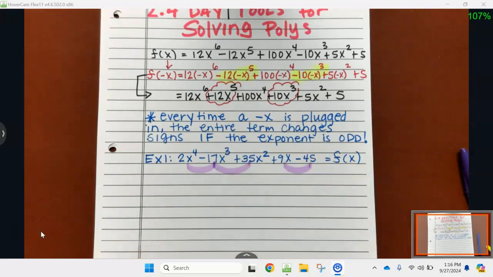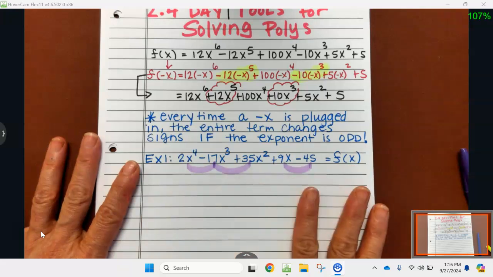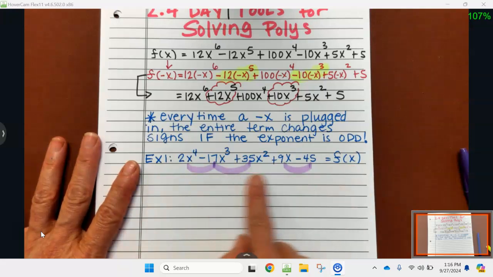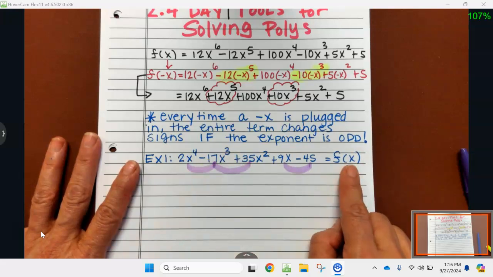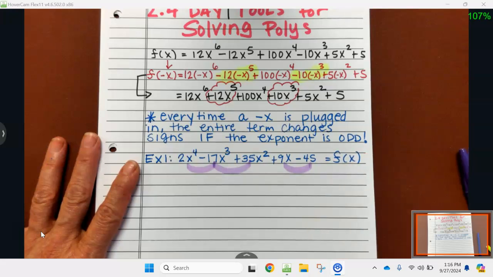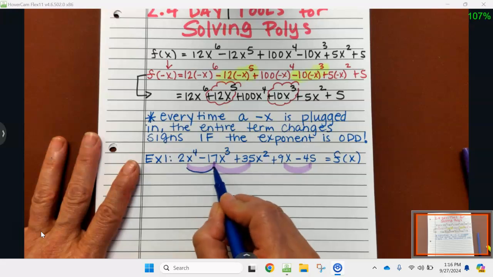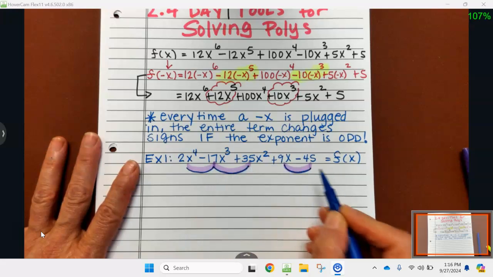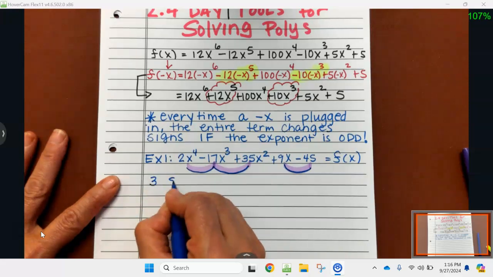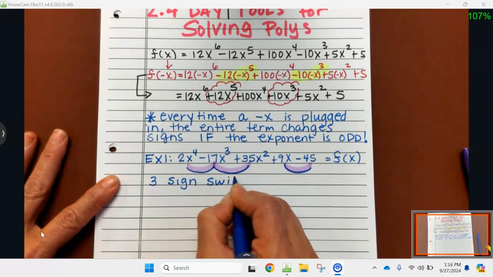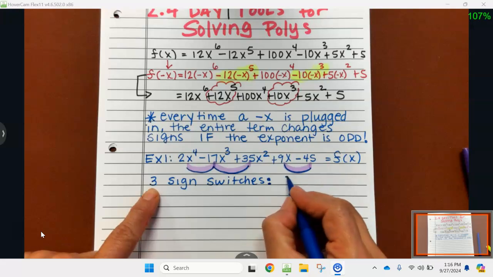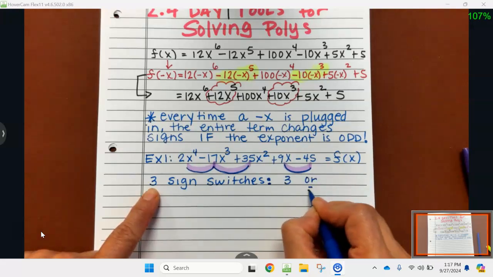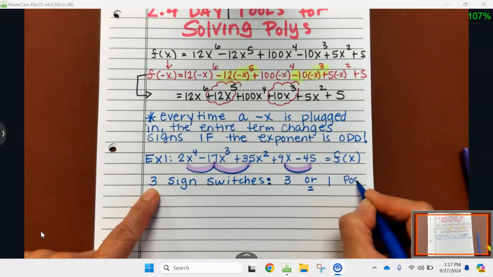Now, what we are able to determine is the number of possible positive zeros every time it flips from a positive to a negative or from a negative to a positive for the original equation with a regular input. So again, one more time, we found a switch 1, 2, 3. So since we decoded 3 sign switches, we are able to determine that we will have absolutely, without a doubt, 3 or 1 positive zero.